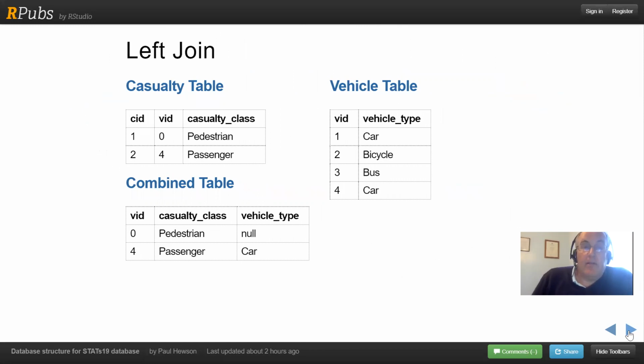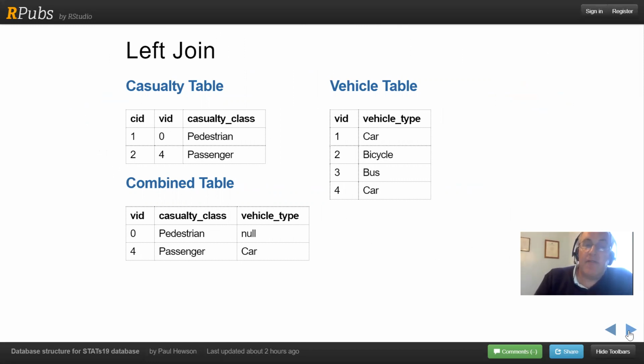Now the left join. In this case, I'm saying take every entry in the casualty table, and whether there's a corresponding entry or not in the vehicle table, add that information to a further column. As with the inner join, I get the information about the passenger who was in the car, but because this is a left join, I get every entry in the casualty table.